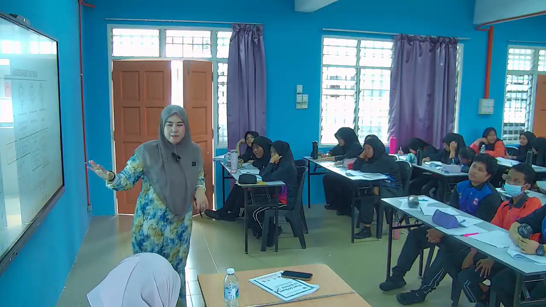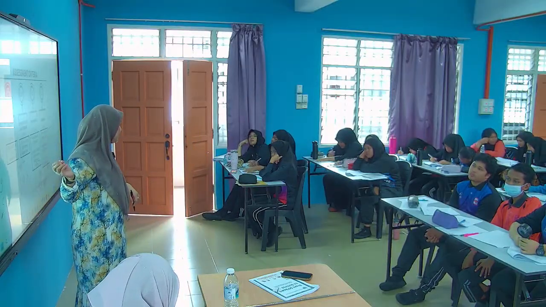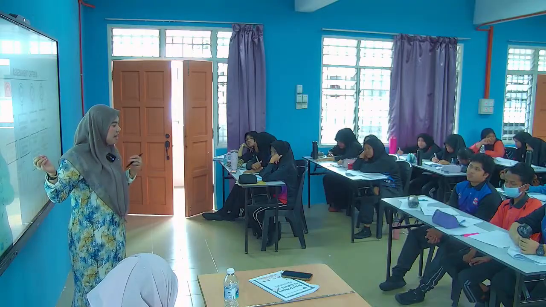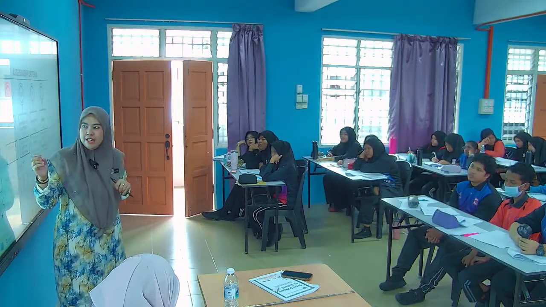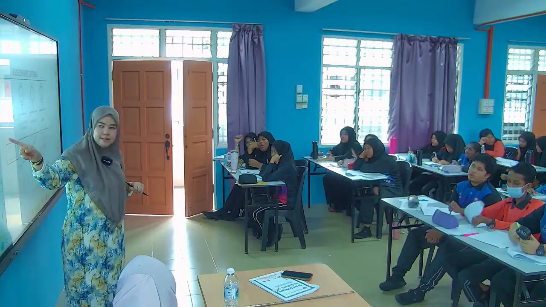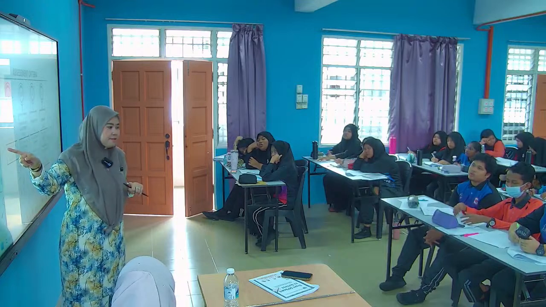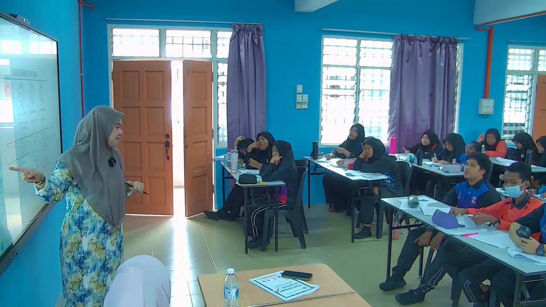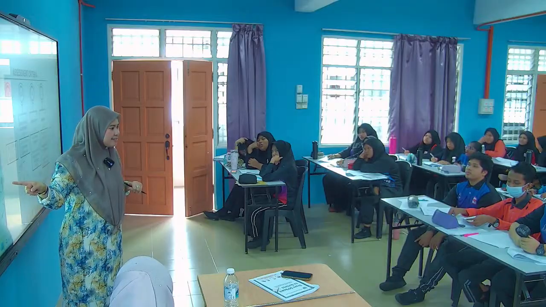Normally students have no problem with basic linkers, but they will have problems with cohesive devices. F stands for for, A for and, N for nor, B for but, O for or, Y for yet.